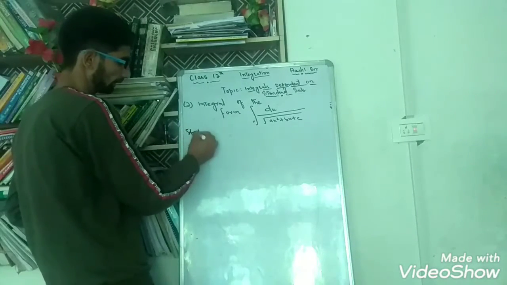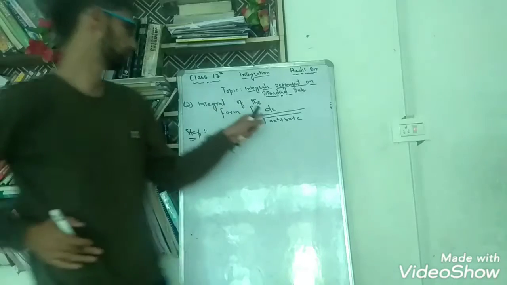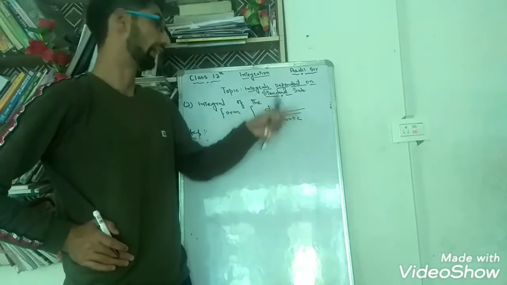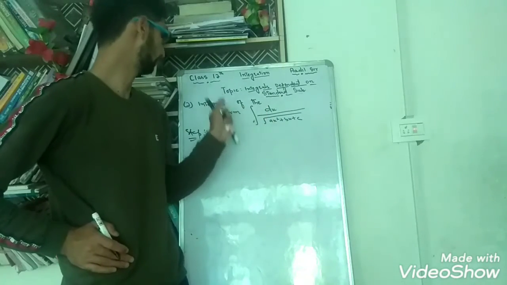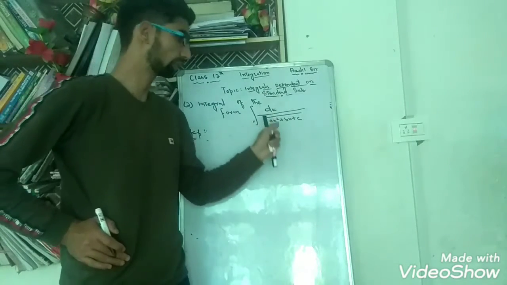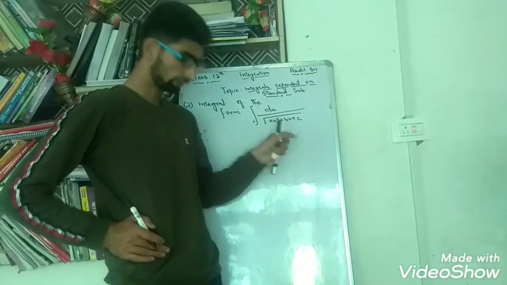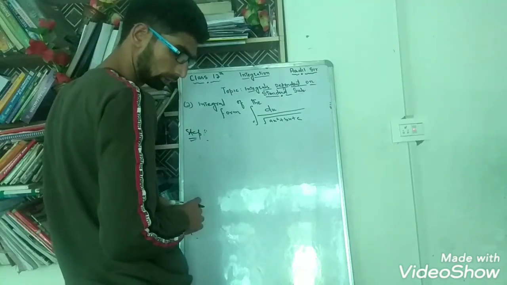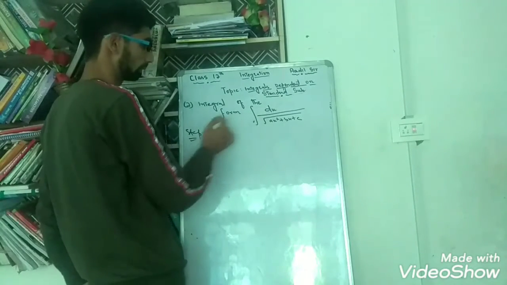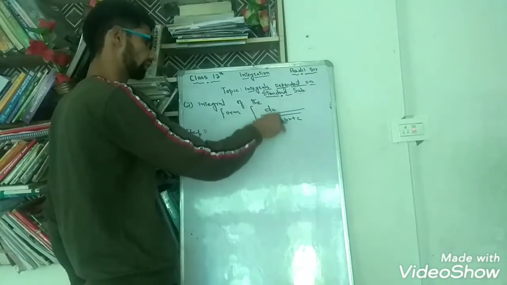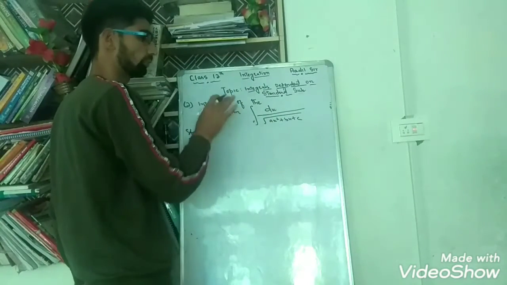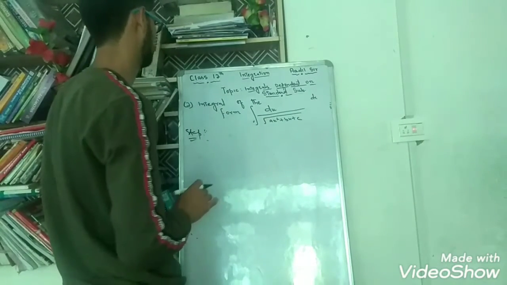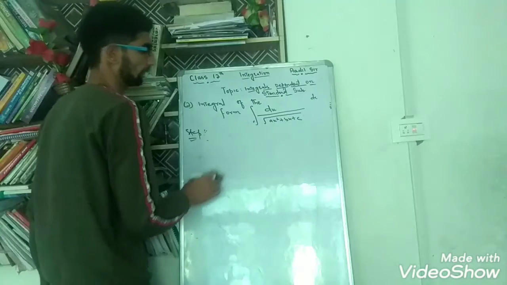We are going to write the steps. Step first, you have to factorize this ax squared plus bx plus c by the method of completing the square, just as we have done in the first integral, the first case. You have to do the same to this general quadratic expression.